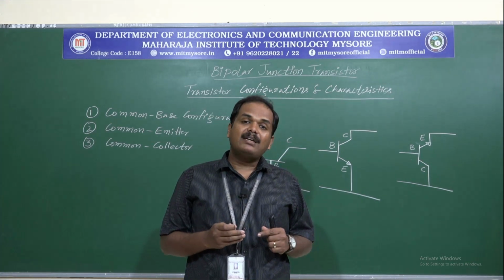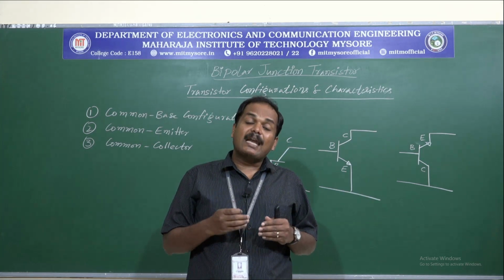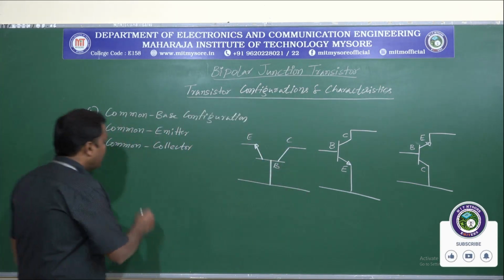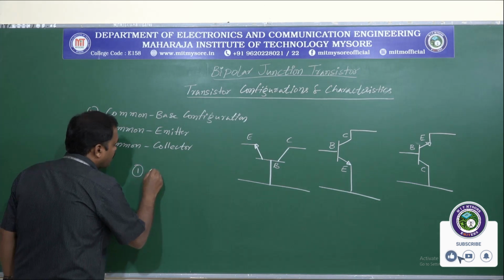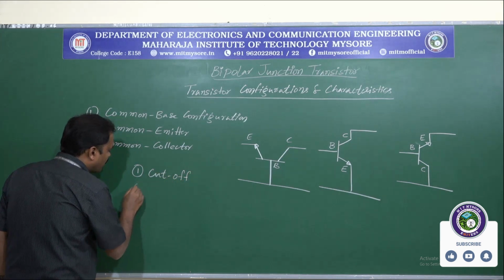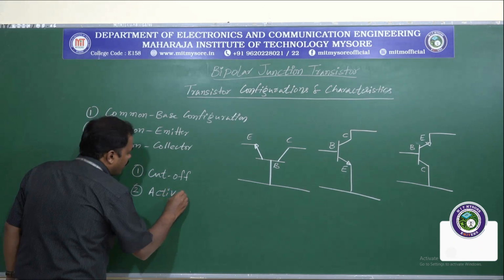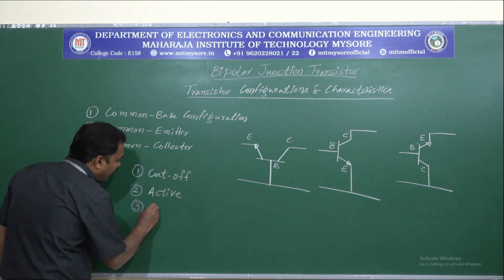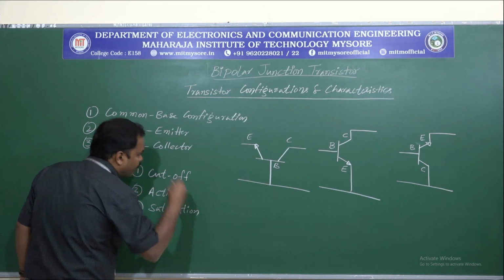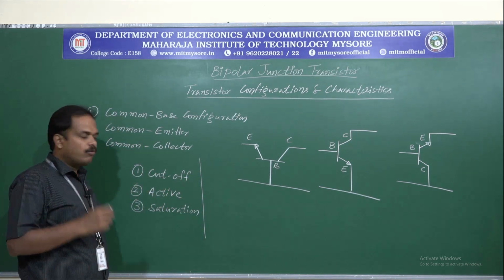Depending on whether a particular junction is forward biased or reverse biased, we classify the modes of operation of a BJT as cutoff, active and saturation. These are the three modes of operation we have for any BJT.